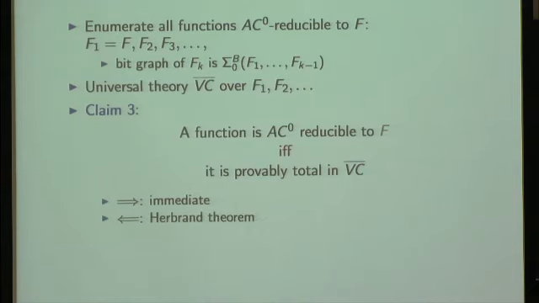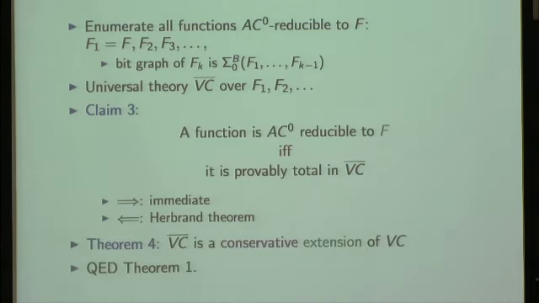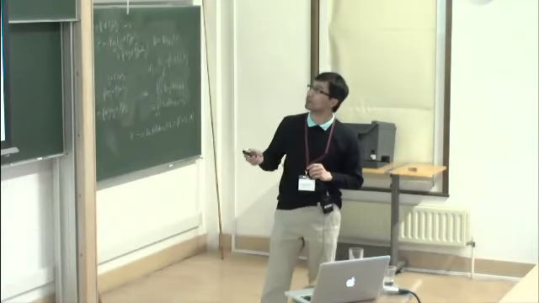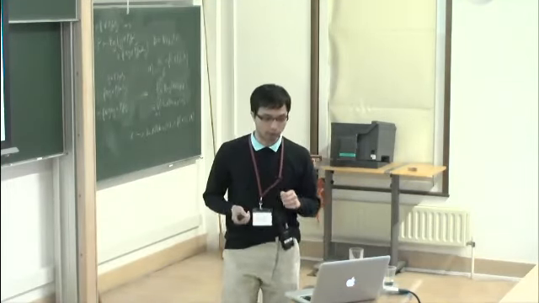On the other hand, if some function is provably total in this universal theory, then by Herbrand's theorem that function is computable by a term in our language, and a term in our language will be equal to some symbols that appear later in the list. So this is really not a difficult thing to prove. The main thing to prove then is that this universal theory is a conservative extension of the original theory. Once we have done that, we have proved the main theorem.